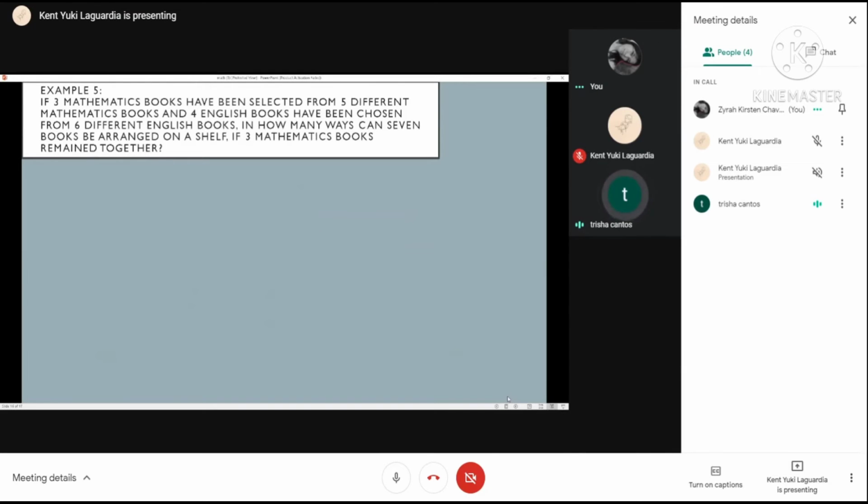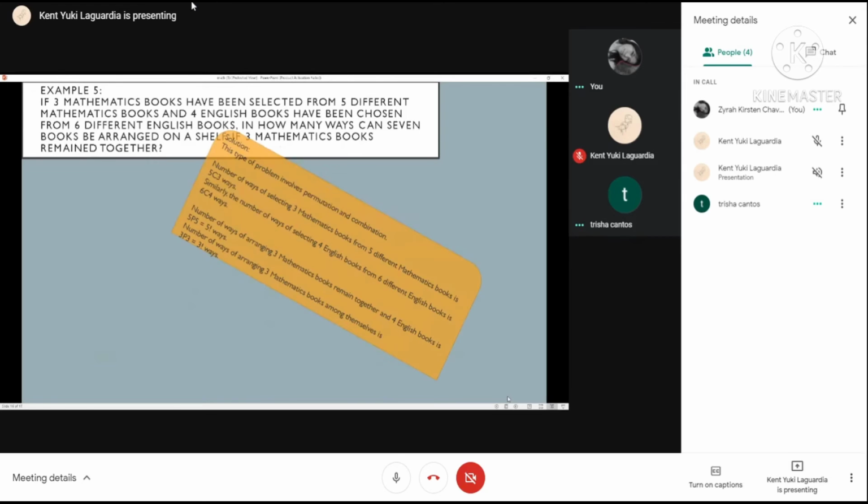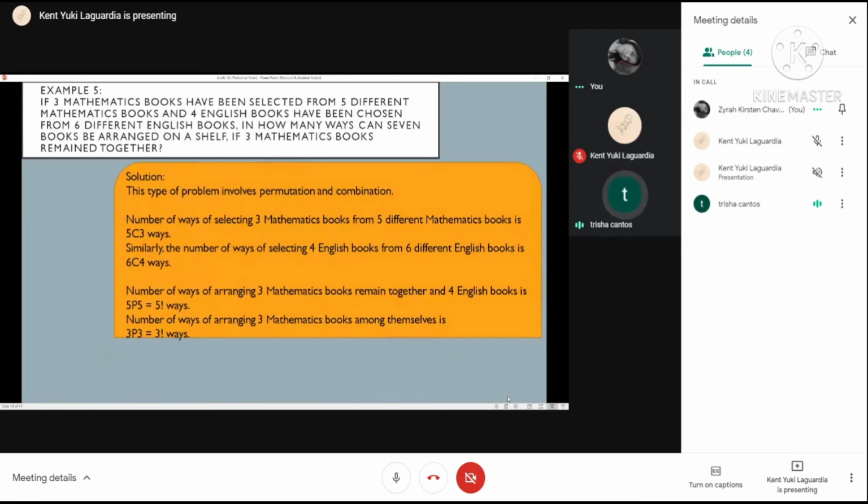Example number 5. If 3 mathematics books have been selected from 5 different mathematics books and 4 English books have been chosen from 6 different English books, in how many ways can the 7 books be arranged on a shelf if the 3 mathematics books remain together? Solution. This type of problem involves permutation and combination.